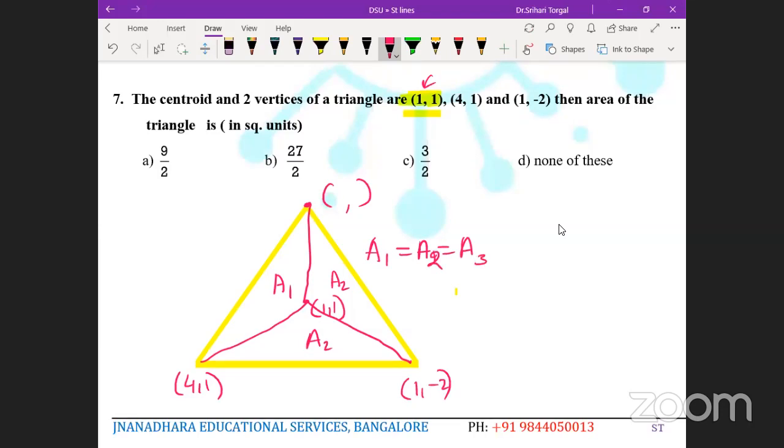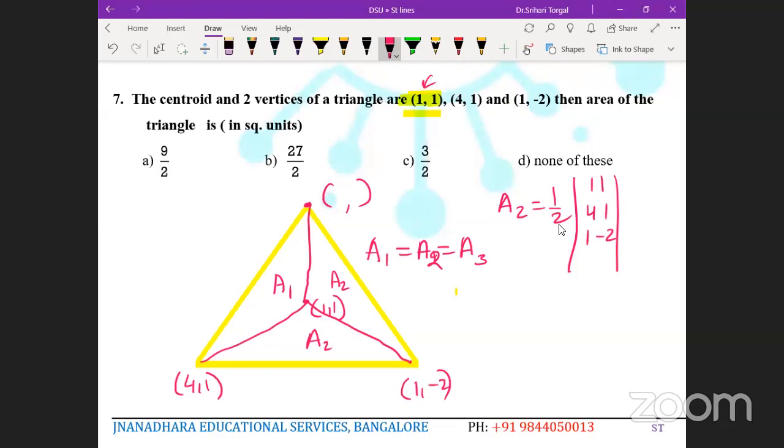Okay. And how to get the answer? If you know any one result, then you can take 3 times of that as the total area. Right? Okay. Let me calculate A2. Area A2, half of 1, 1, 4, 1, 1 minus 2.